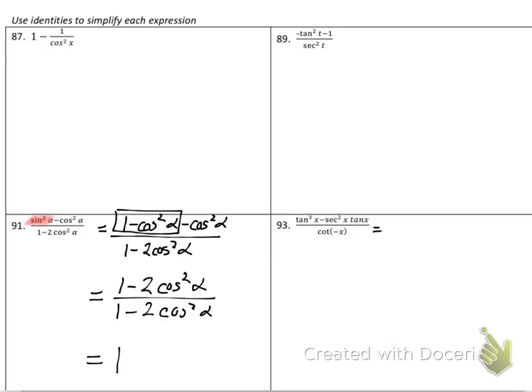So I'll ask myself how I can change secant squared to turn it into a tangent, just like I changed that sine squared into something with cosine. I'm going to write everything else the same, so I'll have tangent cubed x. How can I rewrite secant squared in terms of tangent?